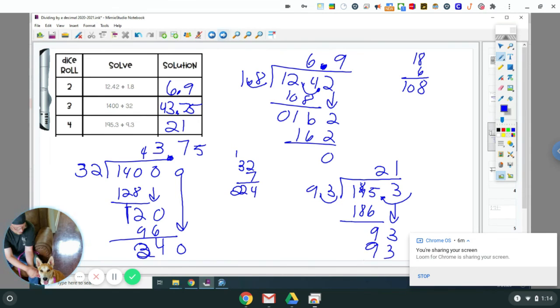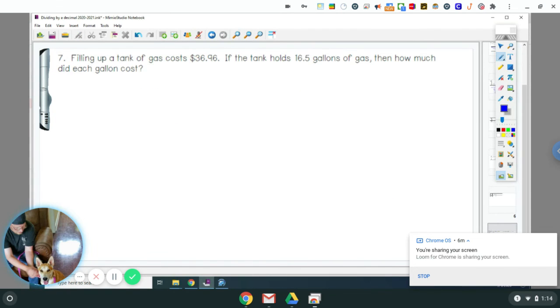All right. So y'all can do these for a little bit extra practice, and then you can move on to your homework. But actually, let's just do this word problem. Filling up a tank of gas costs $36.96. If the tank holds 16.5 gallons of gas, then how much did each gallon cost? So you're going to divide 16.5 into the cost.